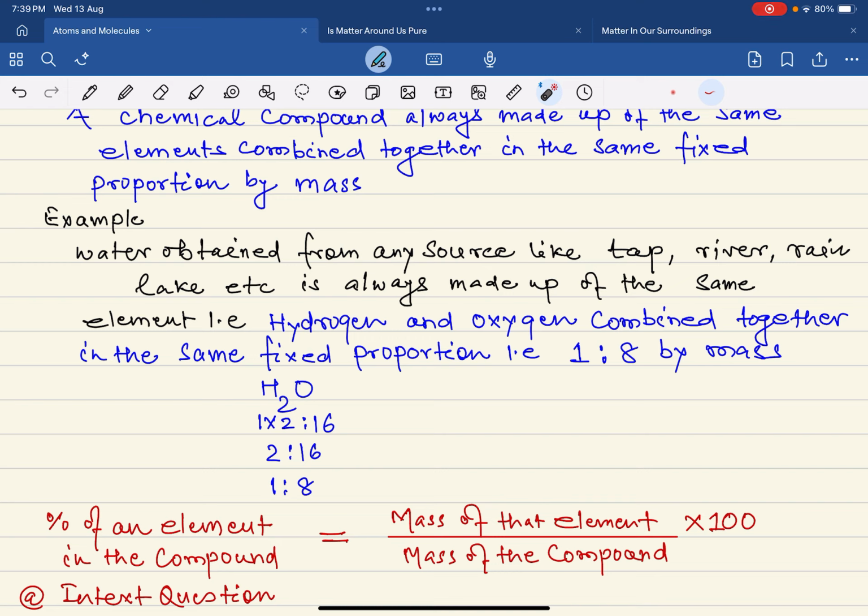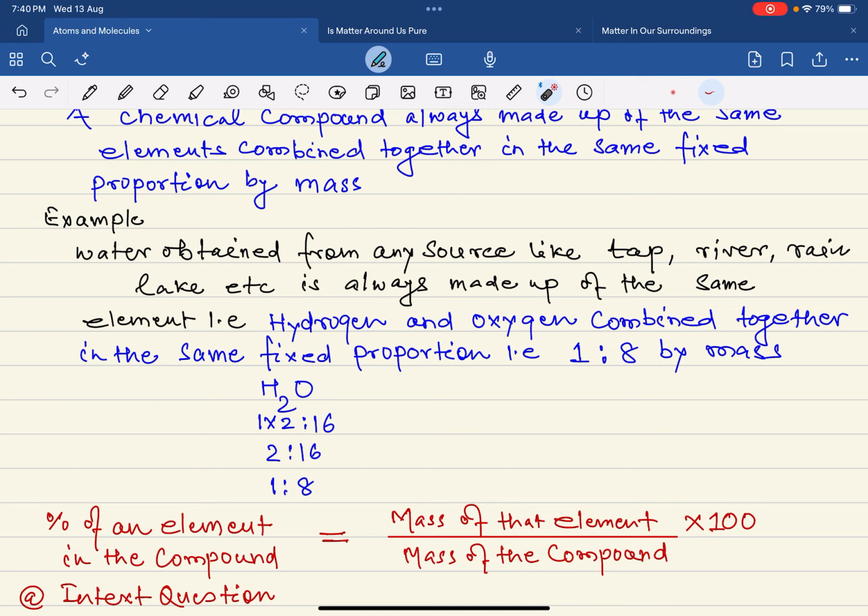Another example: carbon dioxide is formed by the burning of carbon with oxygen, by heating limestone, or by heating sodium carbonate with hydrochloric acid. In carbon dioxide, 12 gram of carbon combines with 32 gram of oxygen and the ratio is 3:8. So, any compound formed from any source, the combining ratio by mass is always fixed.